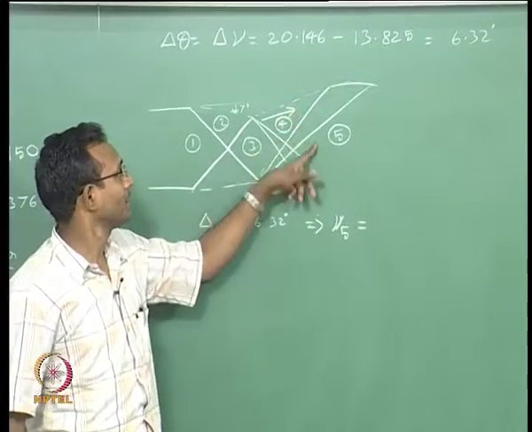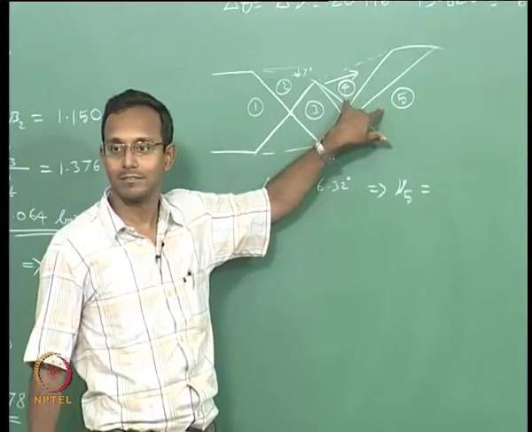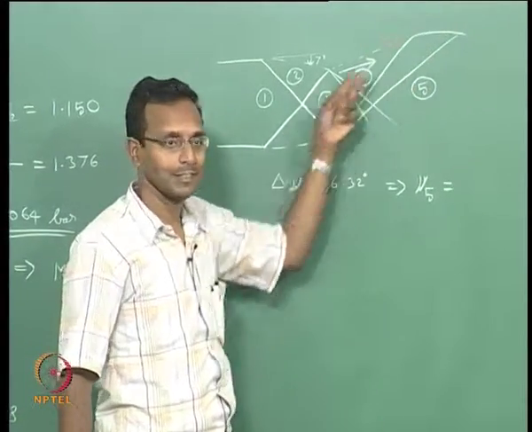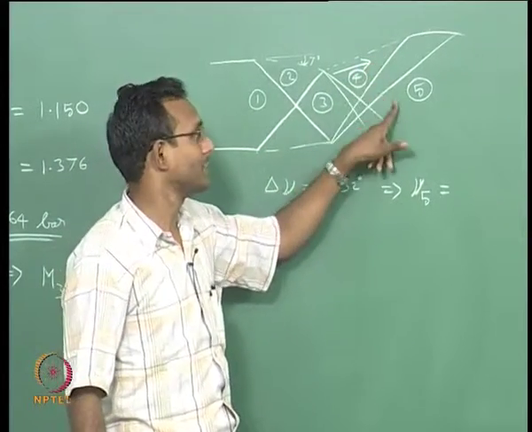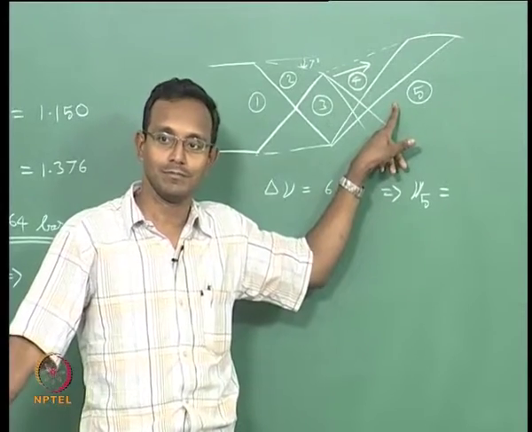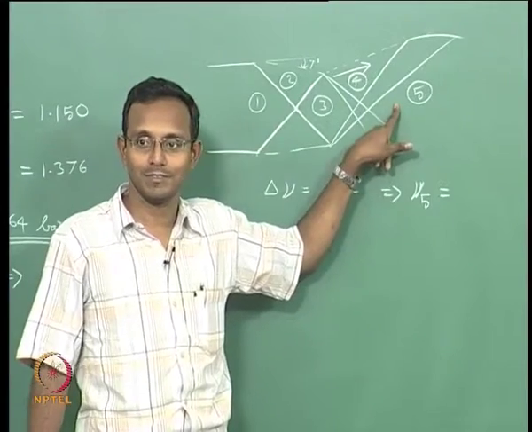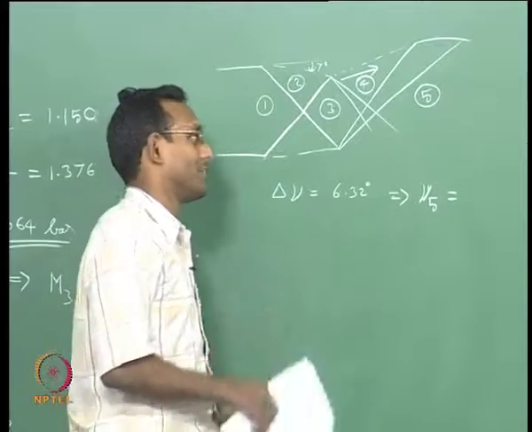Is it compressing from here to here? 4 to 5, it is expanding because it is experiencing this expansion wave. Okay. From here to here, it is still expanding. It is experiencing an expansion wave. So, actually what should happen to my nu? Mach number increases. So, what happens to nu? It is a monotonic function, it is going to go the same direction, it is going to increase.